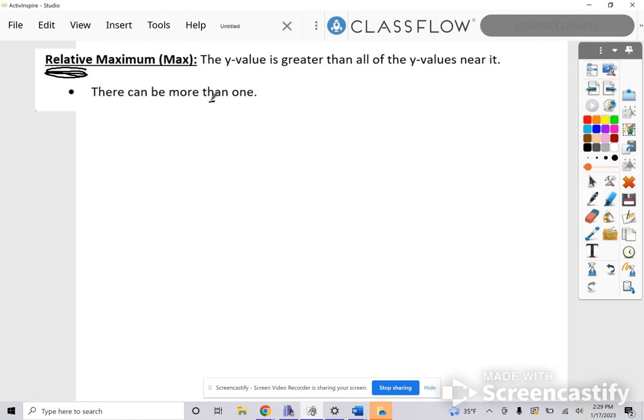Okay, there can be more than one, and they are written as points. Okay, X, Y. A relative maximum has to have an increasing section and then a decreasing section, something like this or this. Okay, these are my hills or my humps.